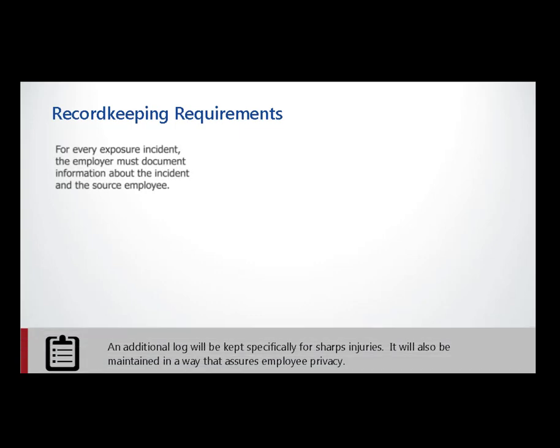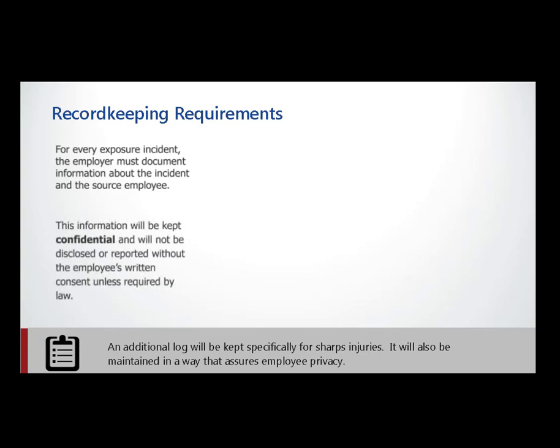For every exposure incident, the employer must document information about the incident and the source employee. This information will be kept confidential and will not be disclosed or reported without the employee's written consent unless required by law.